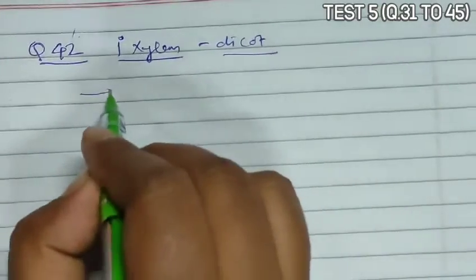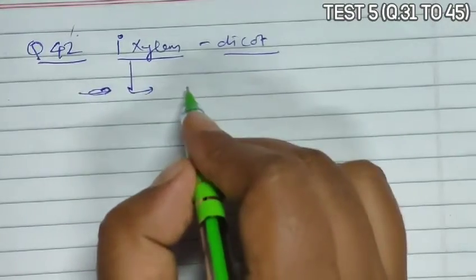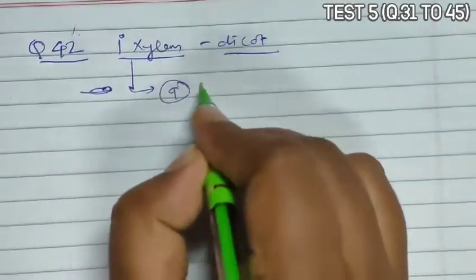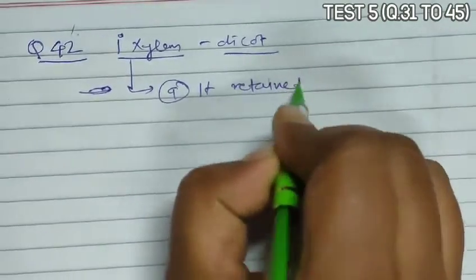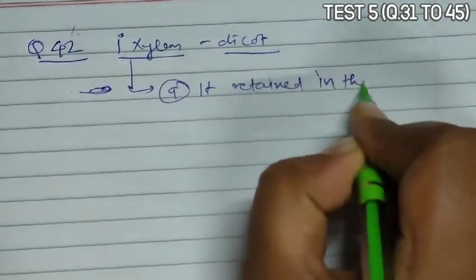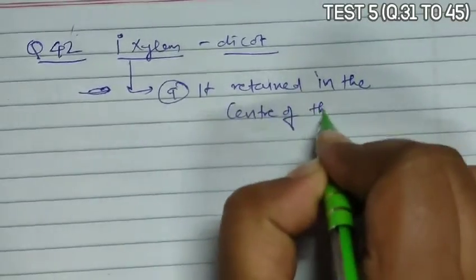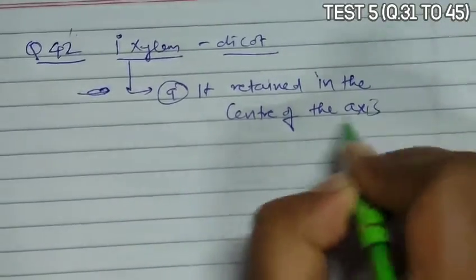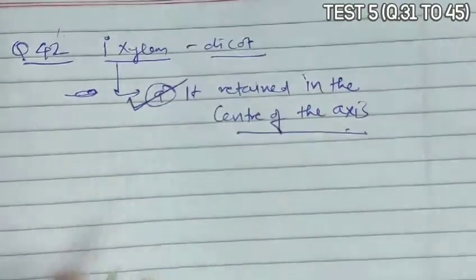Due to this, primary xylem is pushed towards the center and is retained in the center of the axis. So option A becomes the correct answer.